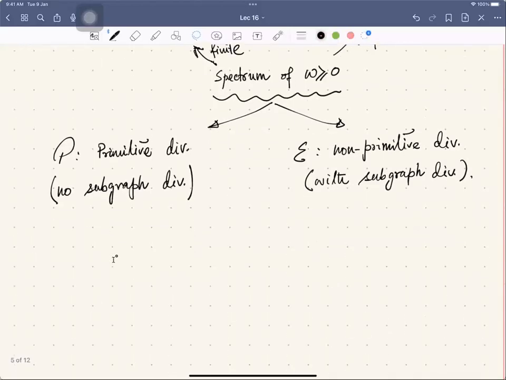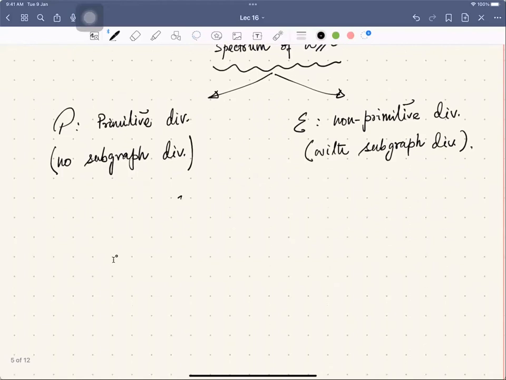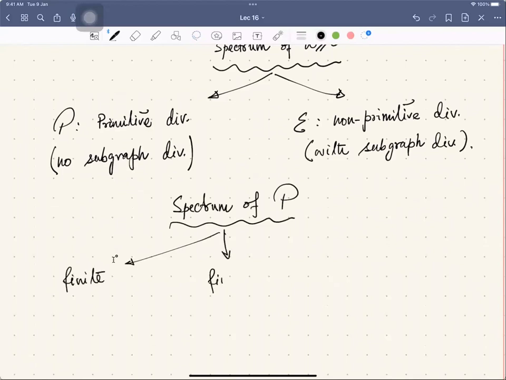Now it turns out that the spectrum of curly P is finite in all the three cases. We shall argue exactly why that is so. There is a precise argument for this, but let's assume that for the moment.